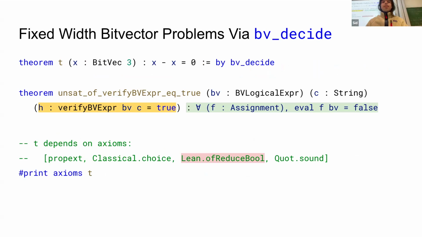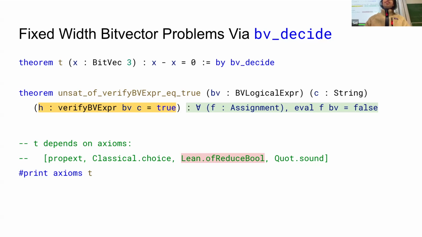However, if you actually write down such a theorem and you ask Lean, hey Lean, what are the axioms this uses? You might see a fairly scary axiom called lean.ofReduceBool. So what is this axiom, one might ask? Essentially, the part that checks the proof certificate, even though it's well written Lean, would still take too long if it were computed in the kernel.